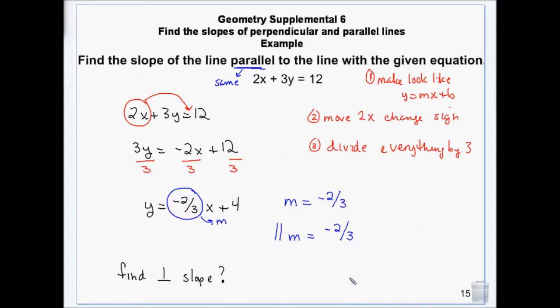And if I had been asked to find the perpendicular slope, if the slope is -2/3, perpendicular would be +3/2. So opposite sign, flipped over. So parallel is the same, perpendicular is opposite and flipped.